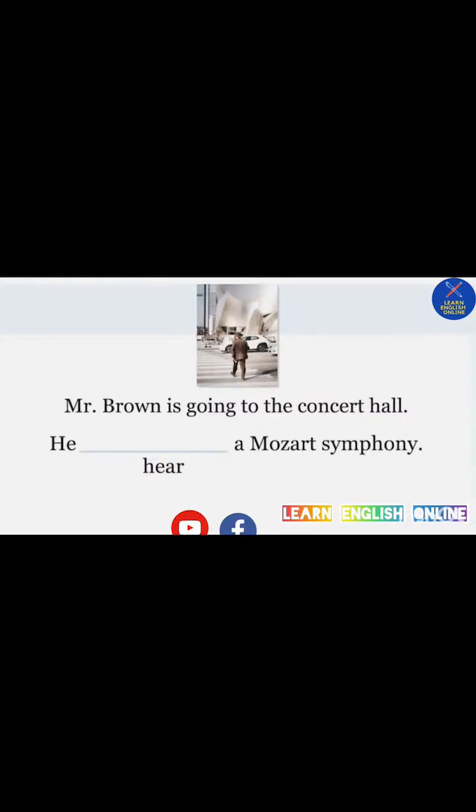What goes in the blank to make this the future? He is going to hear a Mozart symphony. Okay, how about this here? You know you can make a contraction with he and is. What goes there? He's going to hear a Mozart symphony.